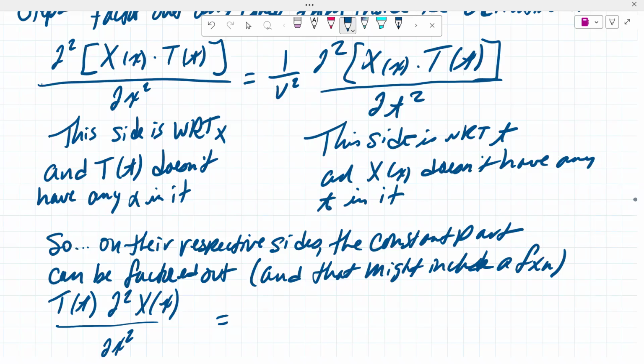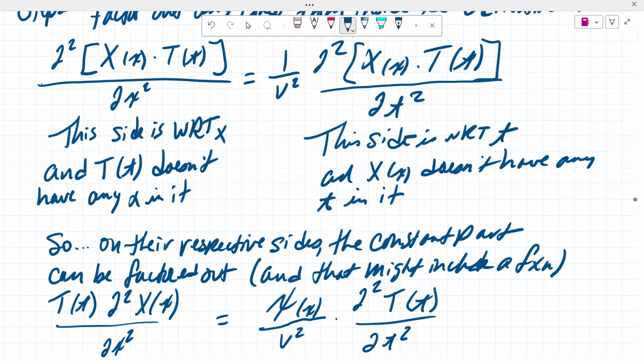So I'm just gonna put my X of x over v squared times, now I'm gonna have my d squared T of t left inside over my dt squared. So that's what's left inside my derivative, this part of the function here, whereas this part is now factored out. All right, great.